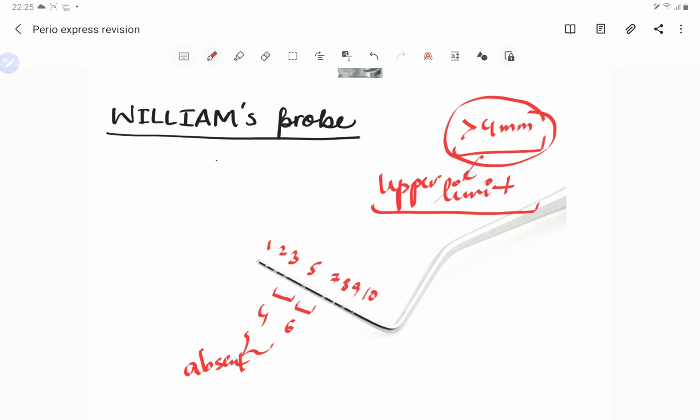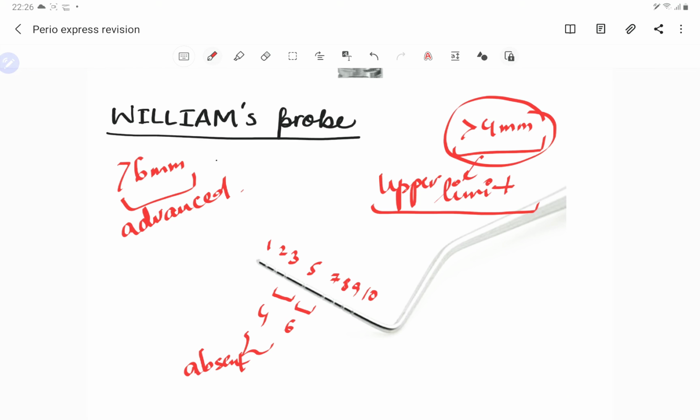So this marking is missing. Again, if it is more than 6 millimeters, guys, then we call it advanced periodontitis, right? So that also gives us an idea of the stage of the depth. That means if it is more than 6 millimeters, the patient has some kind of advanced periodontitis.